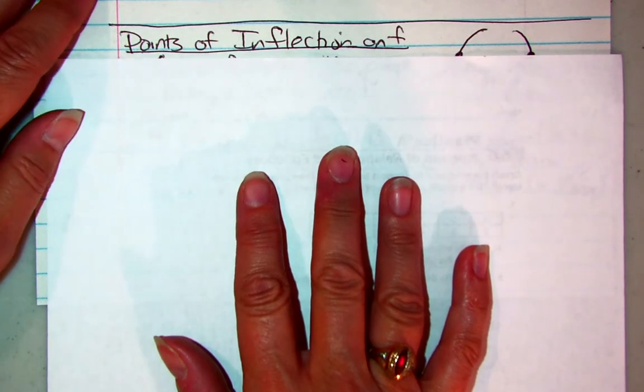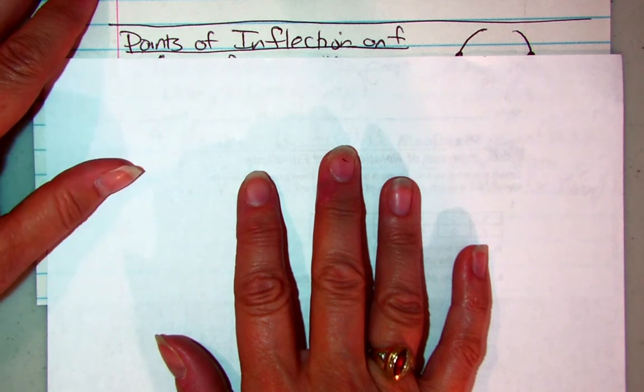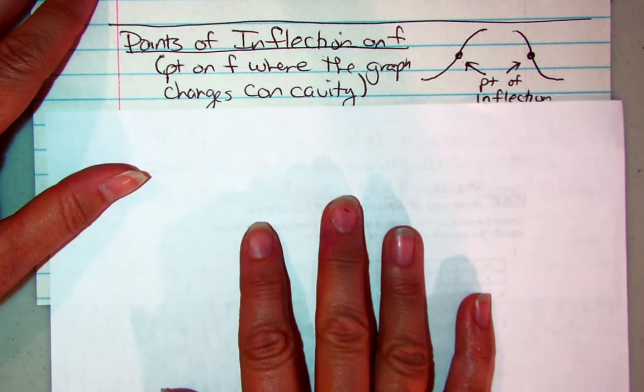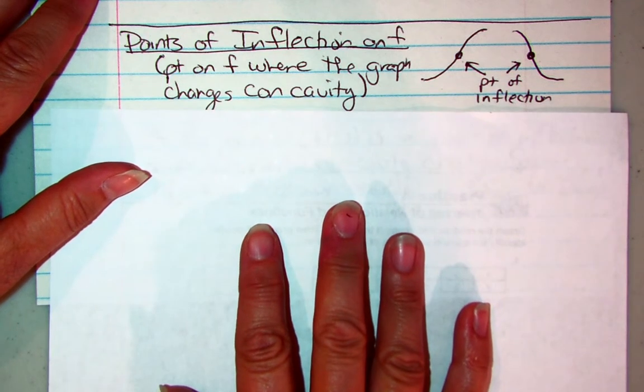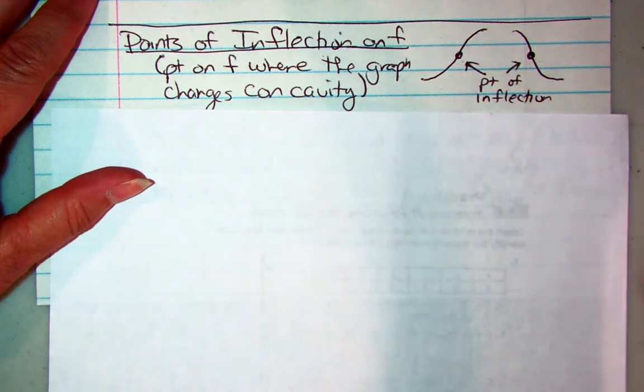Points of inflection on f. So I'm looking for a point of inflection on f, just like I just got done looking for concavity on f. For that concavity, I went to the second derivative. Let's look at what a point of inflection is. So this is my original f function.